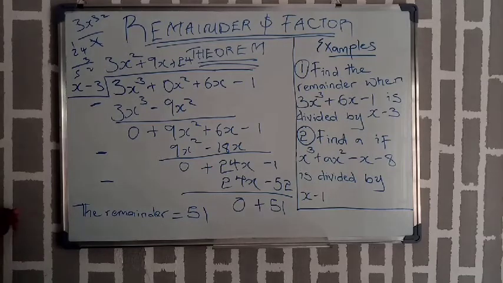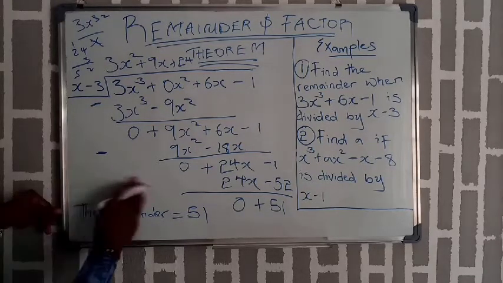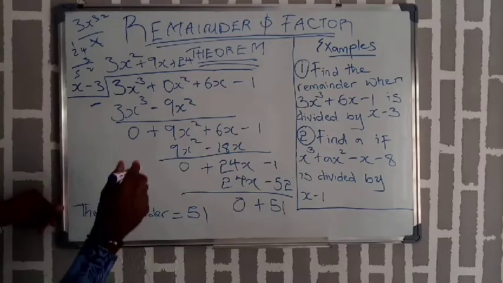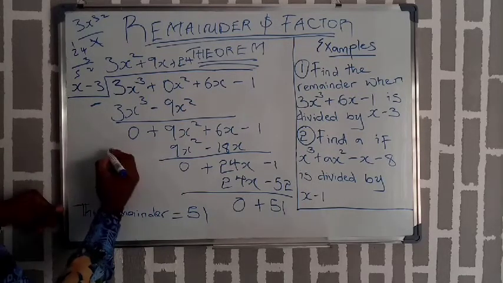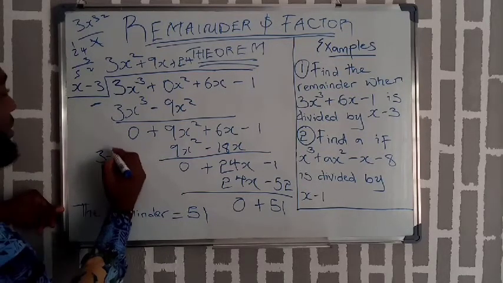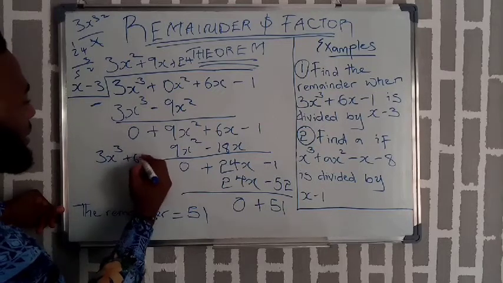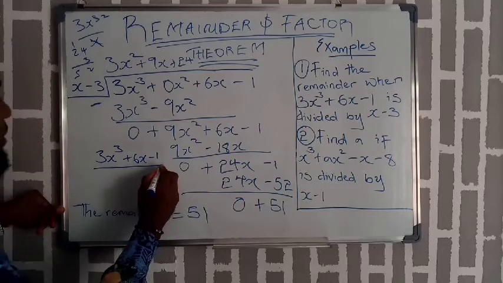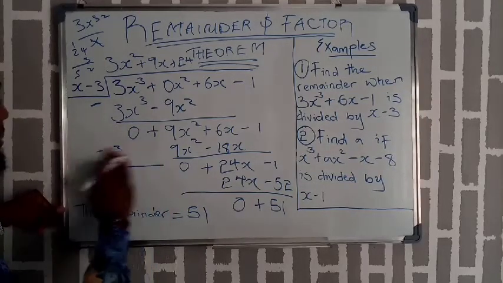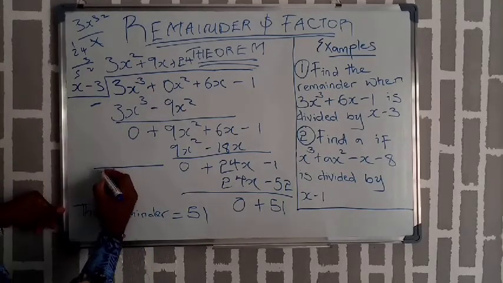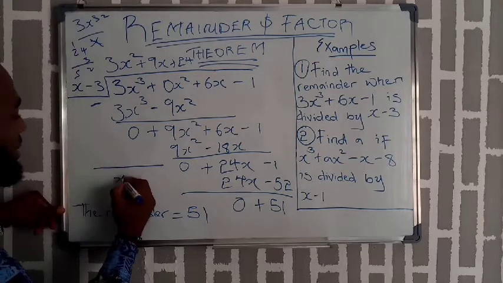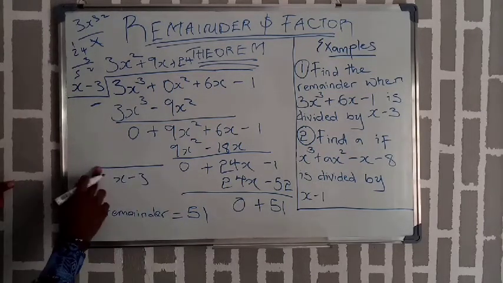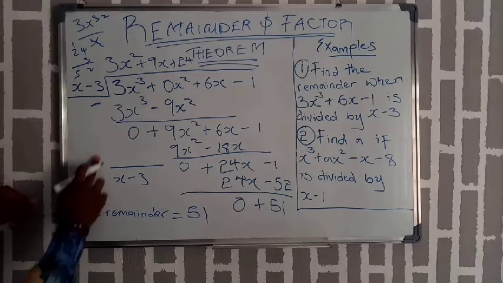So to let your answer look more beautiful, you can write it the same way I told you. You can write it like 3x cubed plus 6x minus 1 over, okay, you write the divisor like this. You write x minus 3, which is dividing it.